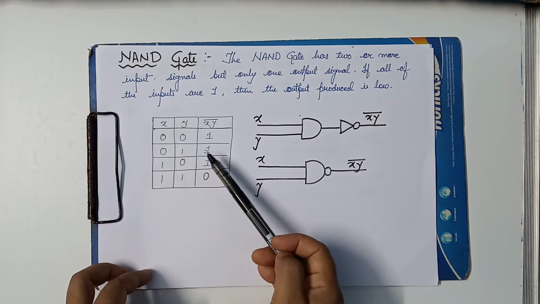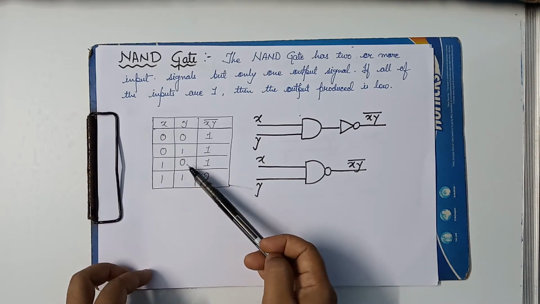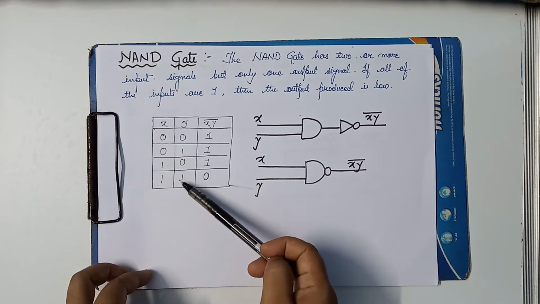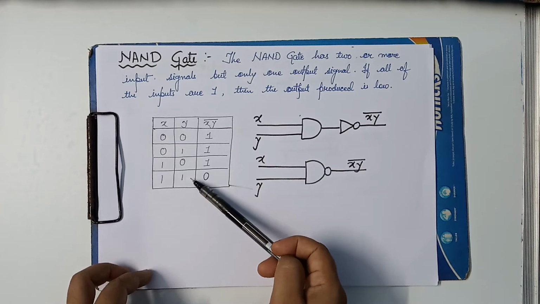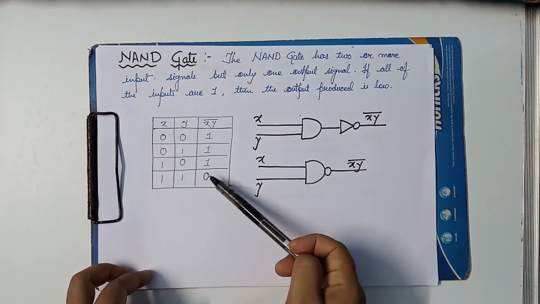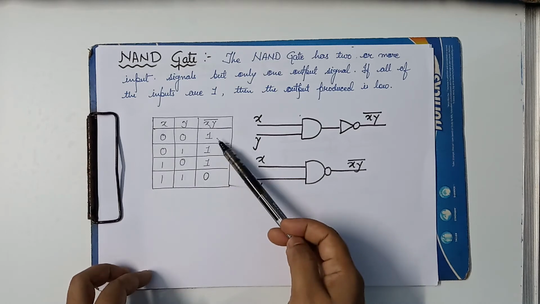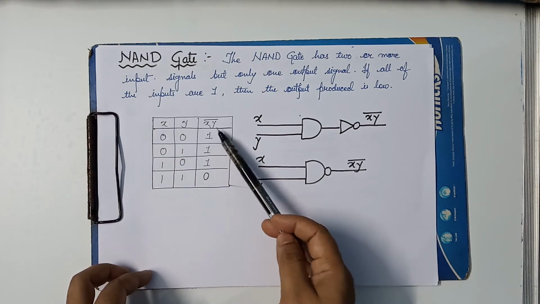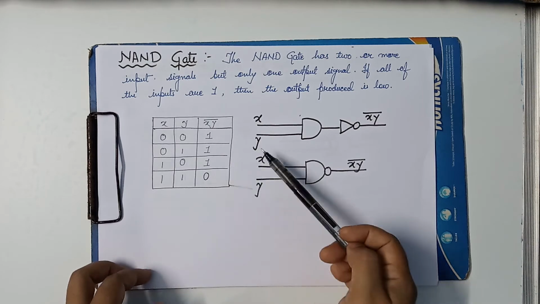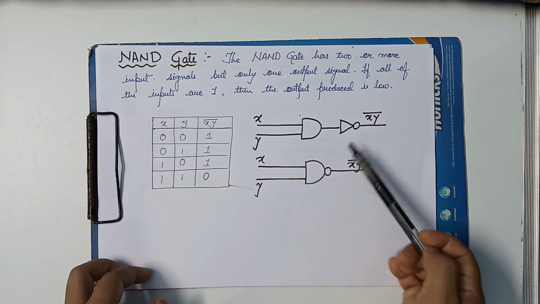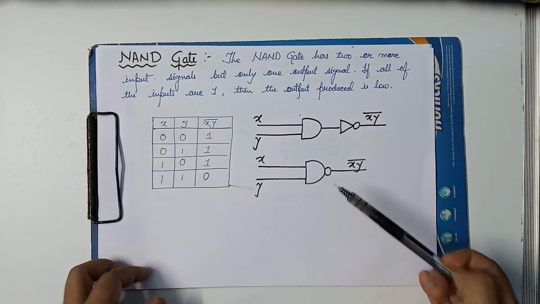The complement of 0 is 1. Again 1 into 0, the answer will be 0. The complement of 0 is 1. 1 into 1 is 1. The complement of 1 is 0. So you can see it is what? The complement of xy. Okay, so this is the output of the NAND gate. The NAND gate can be drawn like this or it can be drawn like this also.